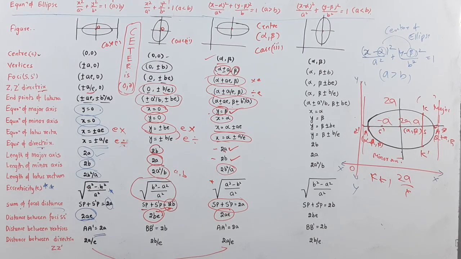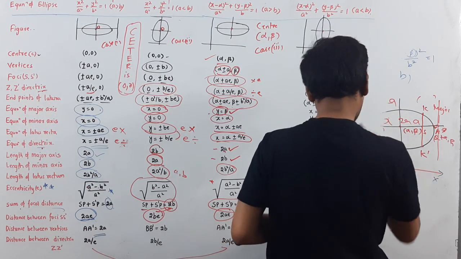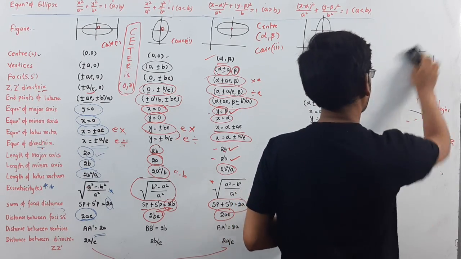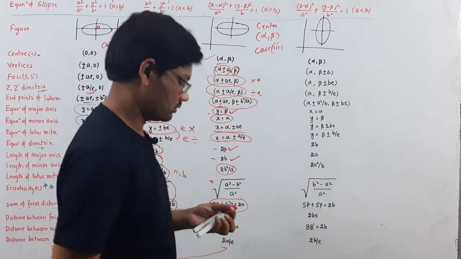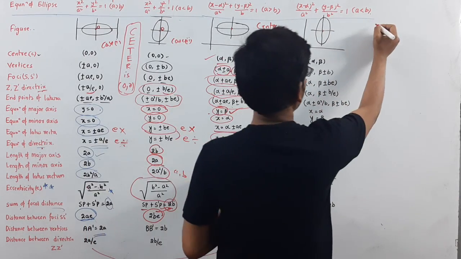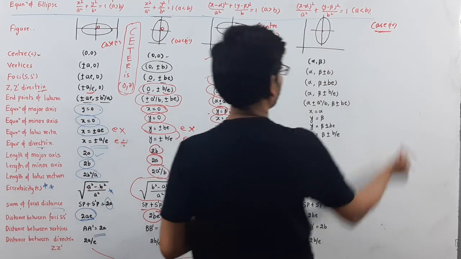And the fourth case is the final case, the same as the third case, just the reciprocal of the third case. This is case 4 here.